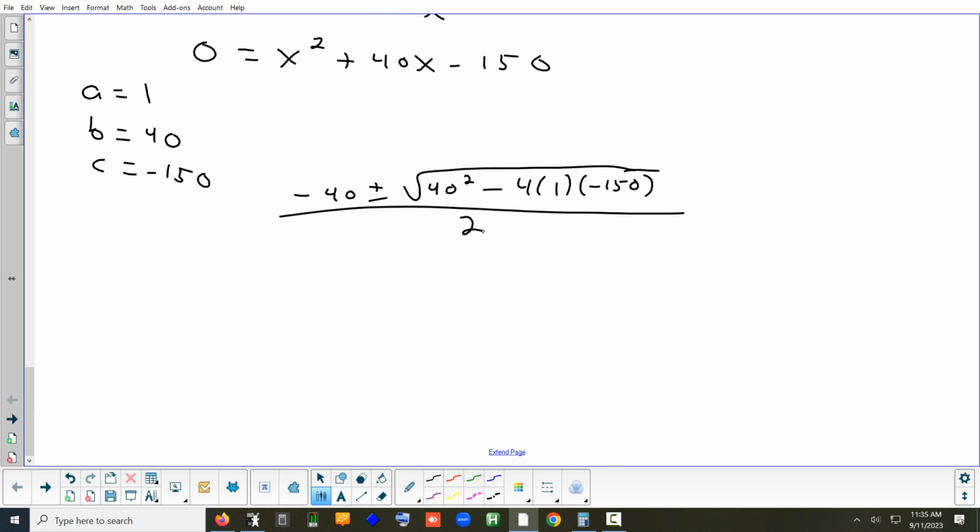Now, right here, I'm subtracting a negative, so might as well just make that positive. And we have negative 40 plus or minus, well, 4 times 1 is 4. What's 4 times 150? 600. And what's 40 squared?